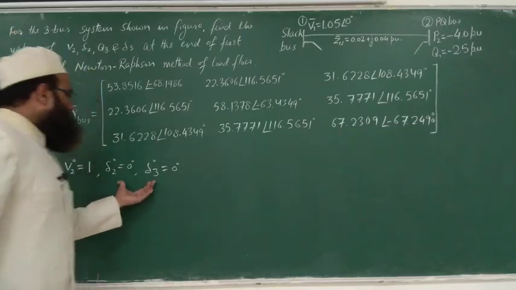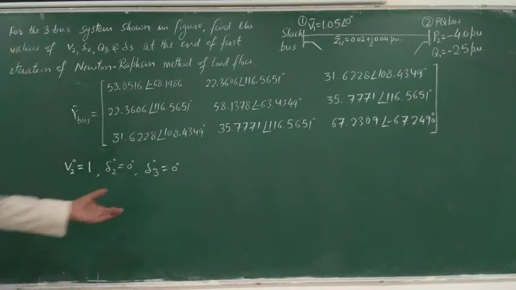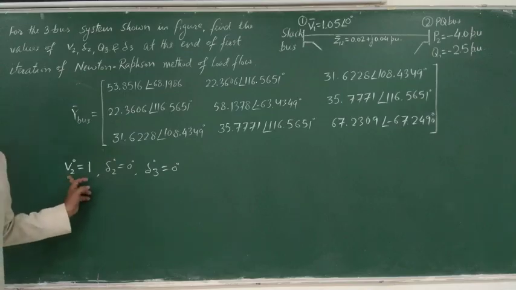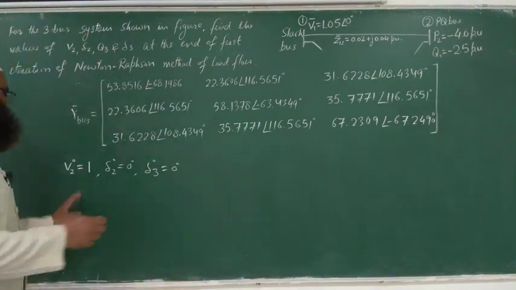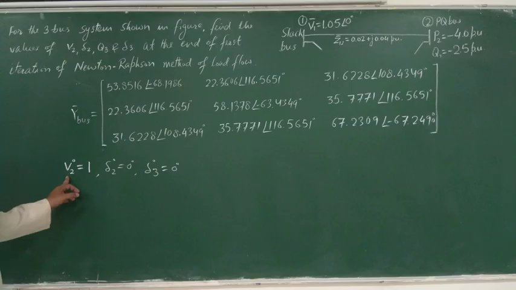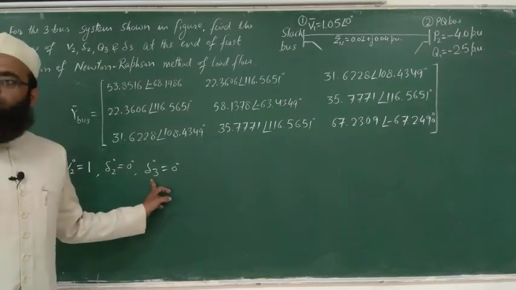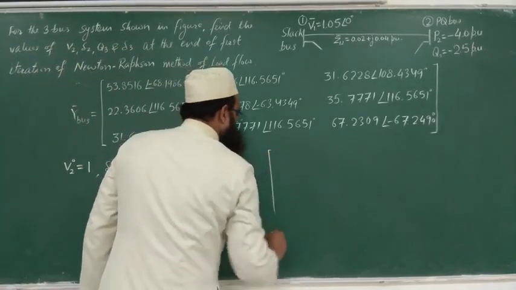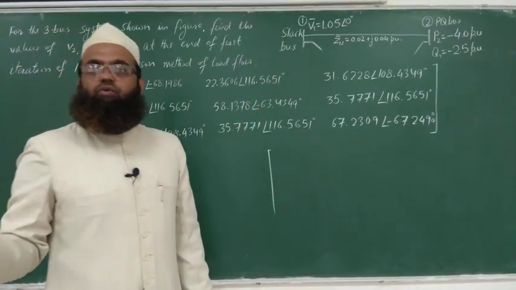Our next task is to evaluate the corrections corresponding to these variables. Del V2 0, because our first iteration is started now. So first we will evaluate del V2 0, del delta 2 0 and del delta 3 0 using the relation. First, the power mismatch vector for this system: del P and del Q basically.